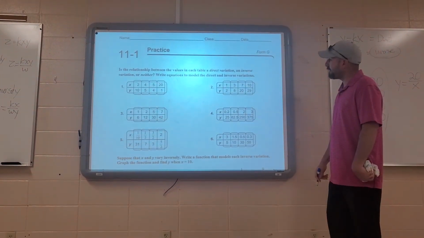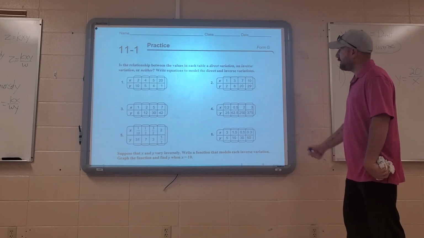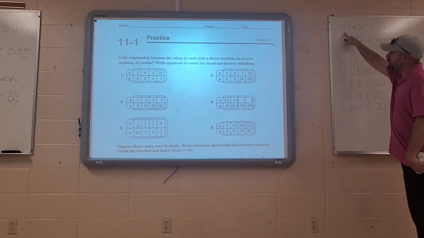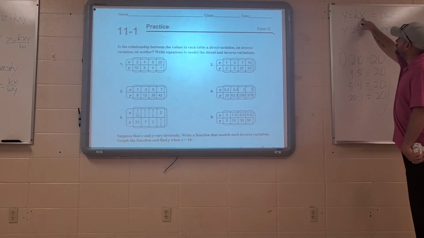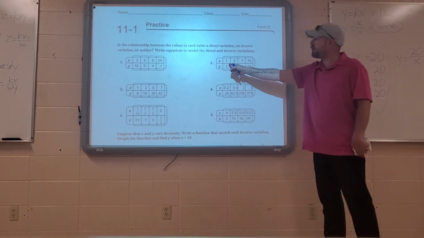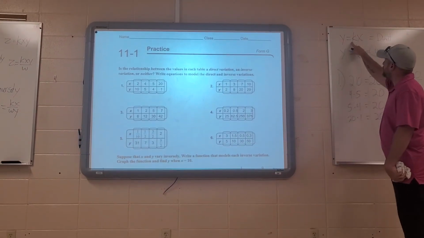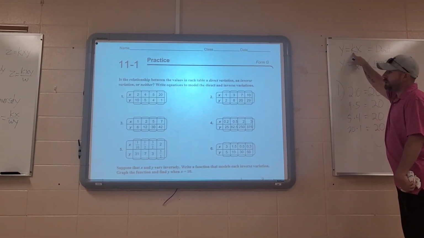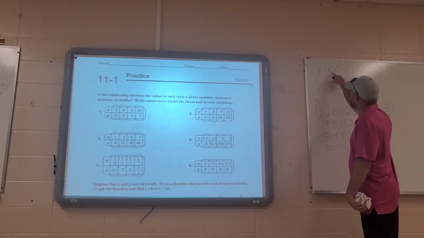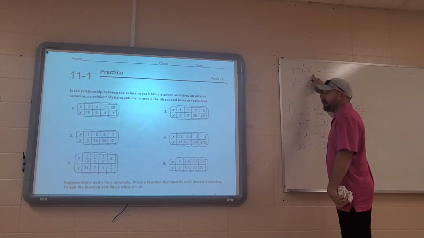So now let's see if it's direct. Okay? So if you look here, 2 is 1 times some number. So 2 is 1 times 2. Okay, let's try that on the next one though. 8 is not 2 times 3.